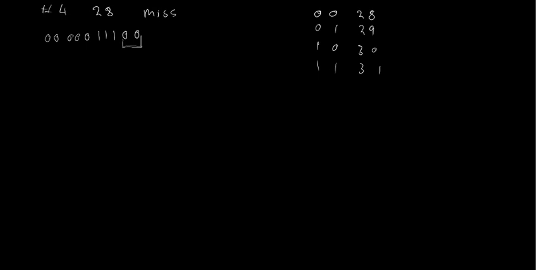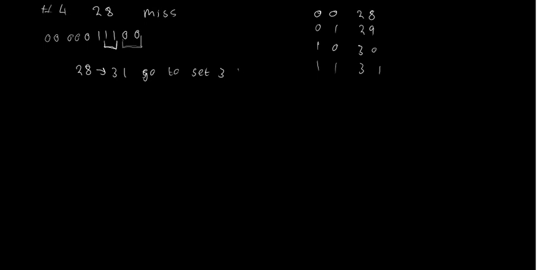And then which set is it going to go into? It's going to go into this set, which is set number 3. So what we're then going to do is that 28 to 31 go to set 3, line what?